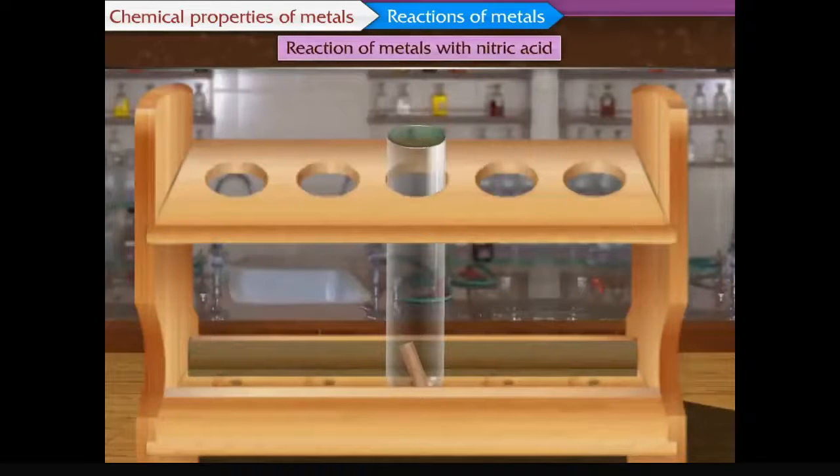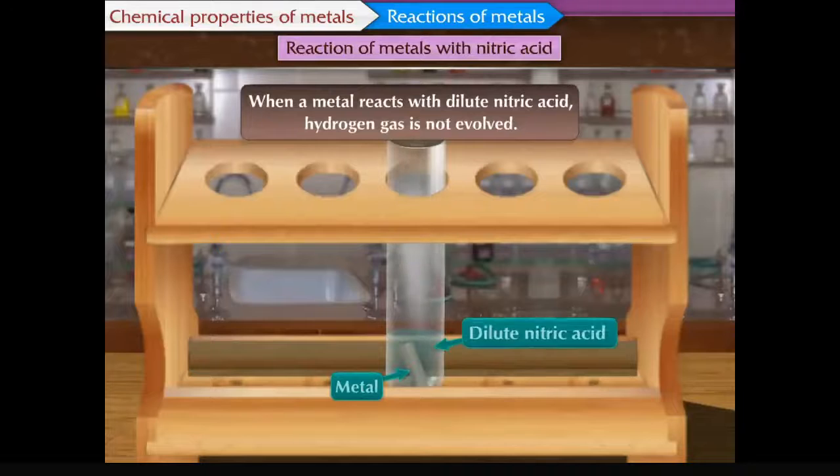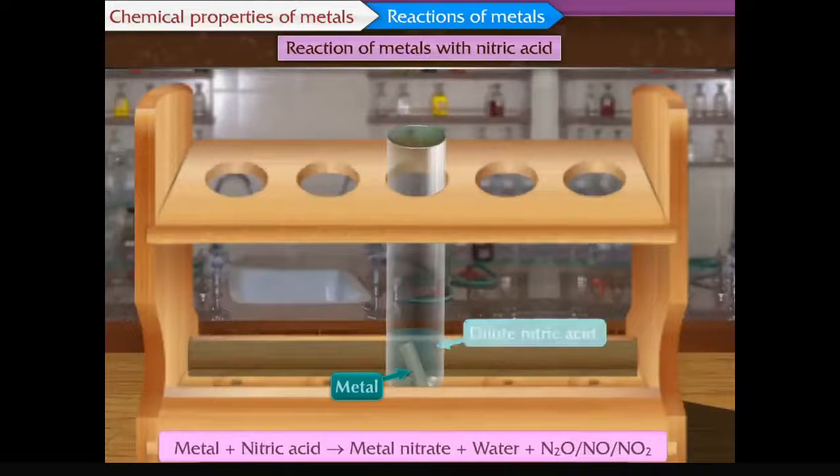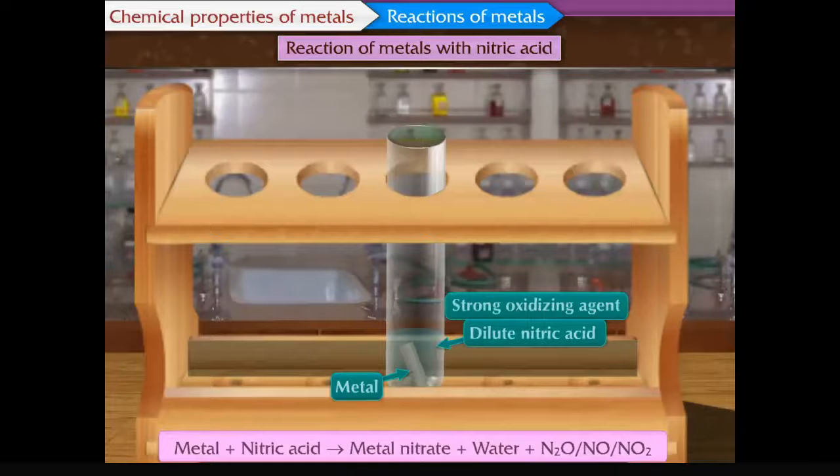Reaction of metals with nitric acid. When a metal reacts with dilute nitric acid, hydrogen gas is not evolved. This is because nitric acid, being a strong oxidizing agent, oxidizes the hydrogen produced into water, and nitric acid itself gets reduced to any of the nitrogen oxides, that is, dinitrogen monoxide, nitrogen monoxide, or nitrogen dioxide.